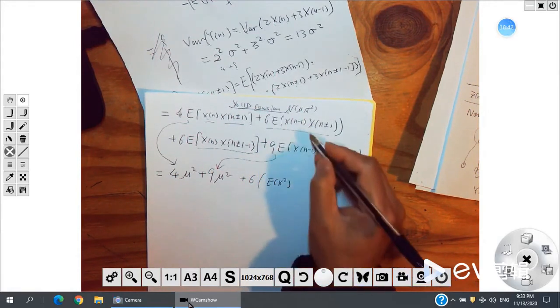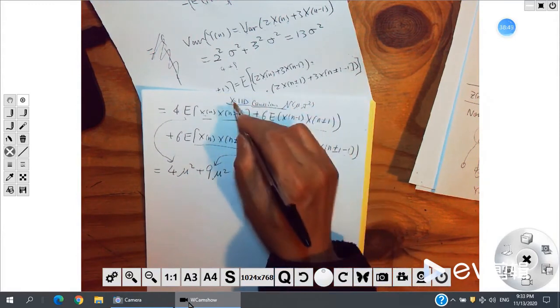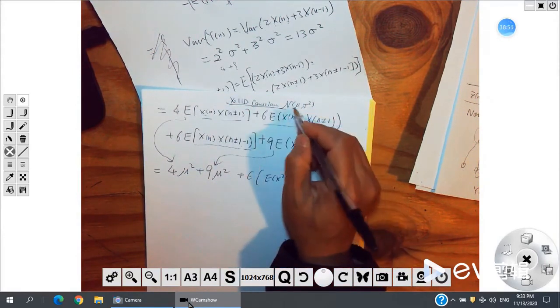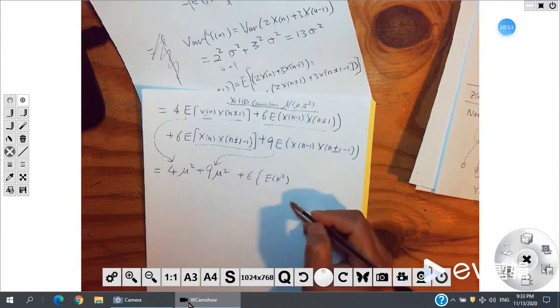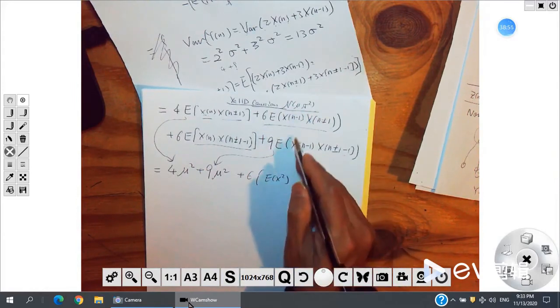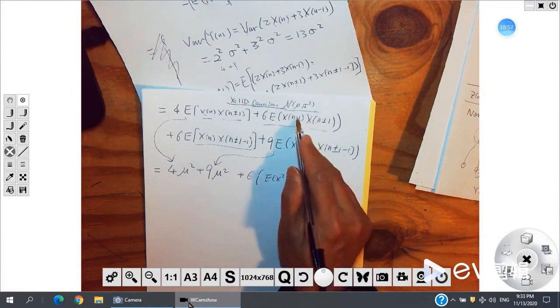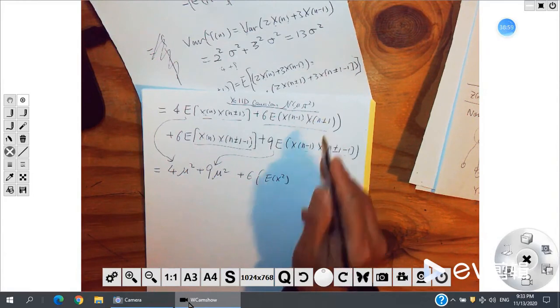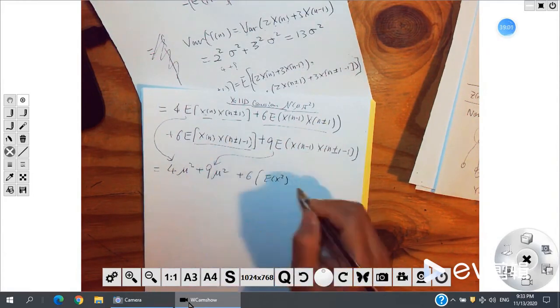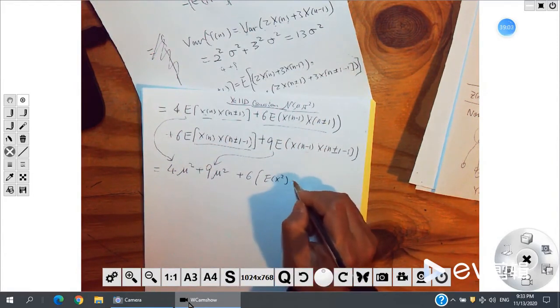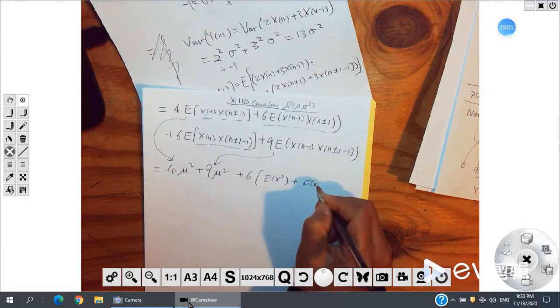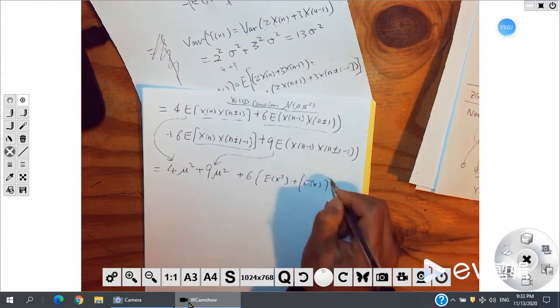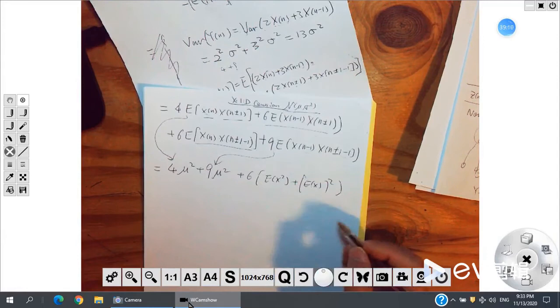Because the IID is coming from X, this one, right? When they are same, this is E of X squared. At the same time, these are different, so this will be E of X squared, like this, right?